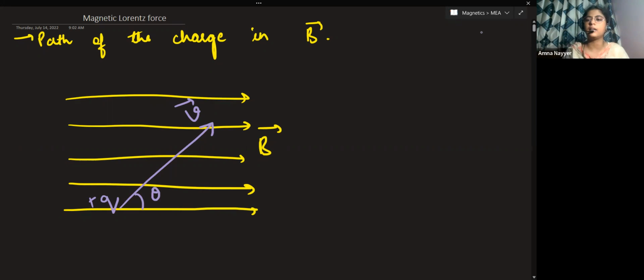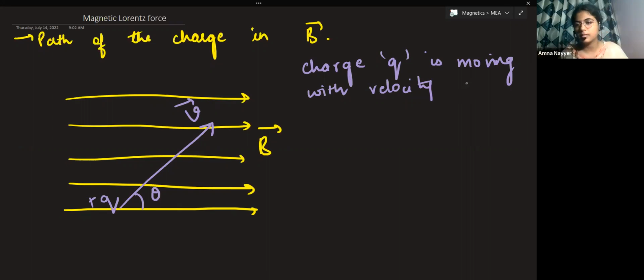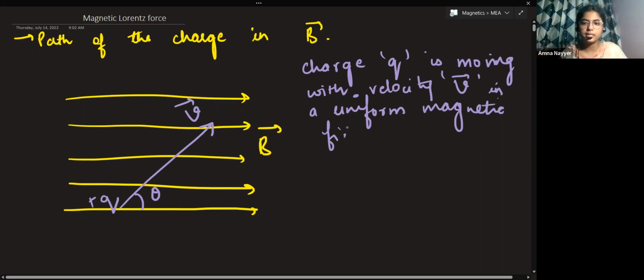So this says that charge Q is moving with velocity V in a uniform magnetic field.